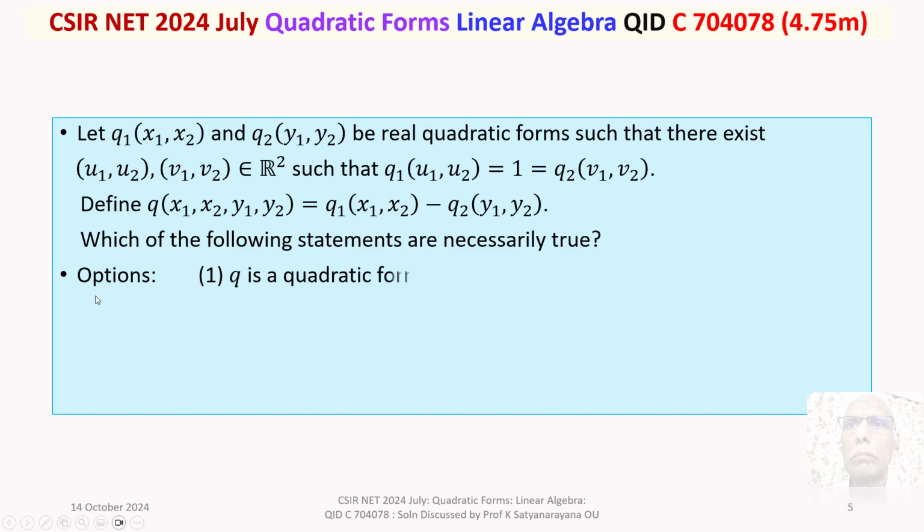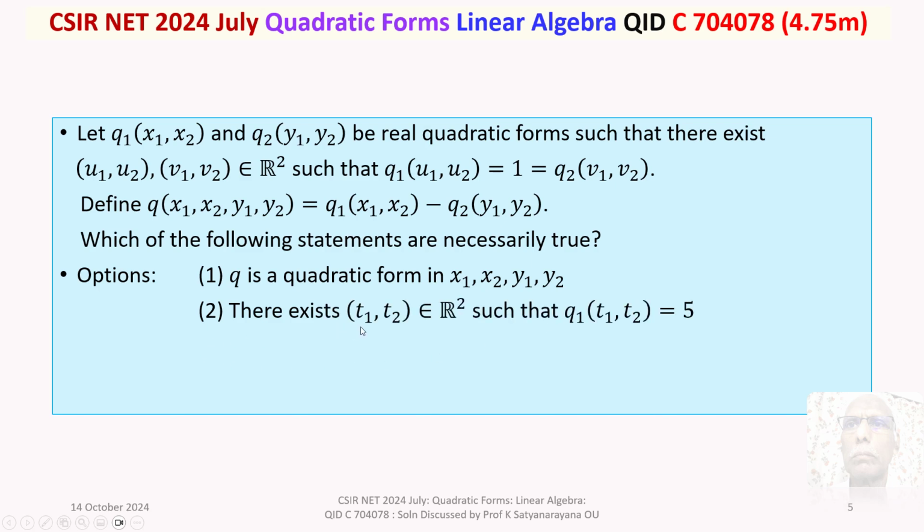We are given 4 options. Option 1: Q is a quadratic form in x1, x2, y1, y2. Option 2: there exists an ordered pair (t1, t2) belonging to R square such that Q1 of (t1, t2) is equal to 5.